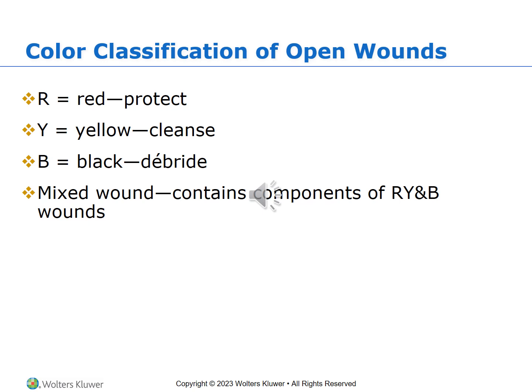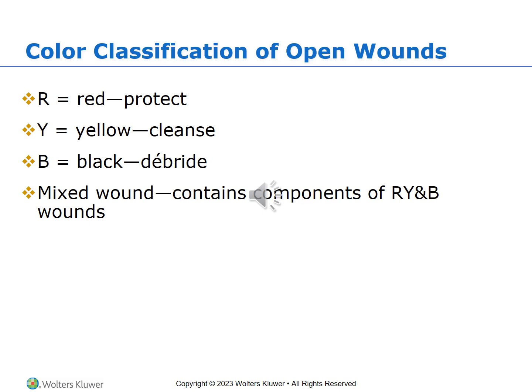You have yellow, which stands for cleanse. Yellow in the wound may indicate the presence of exudate, drainage, or slough and requires wound cleansing. You have black, or debris. Black in the wound may indicate the presence of eschar tissue, which is usually black in color.